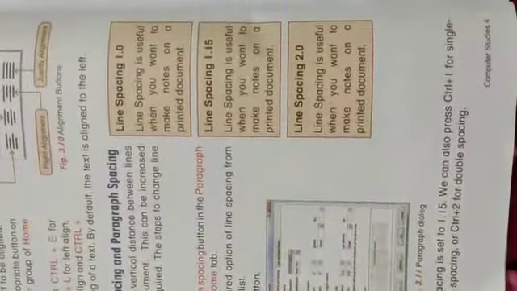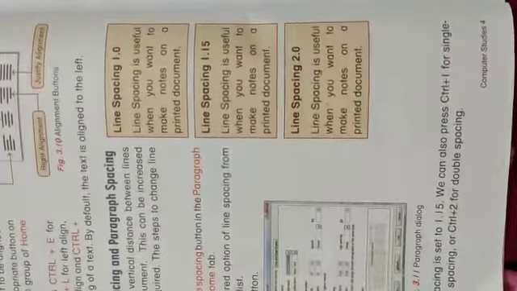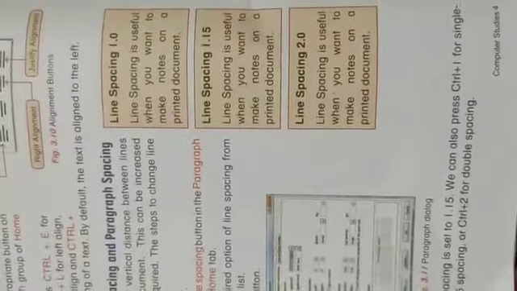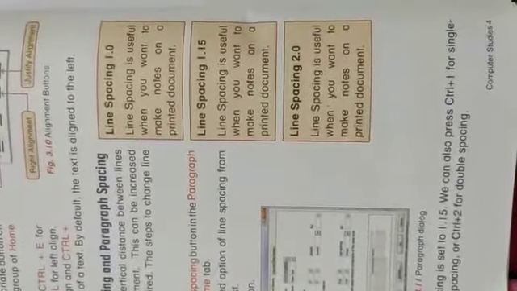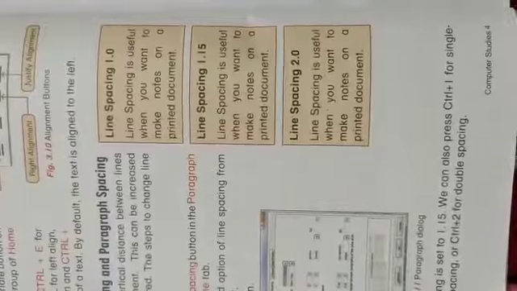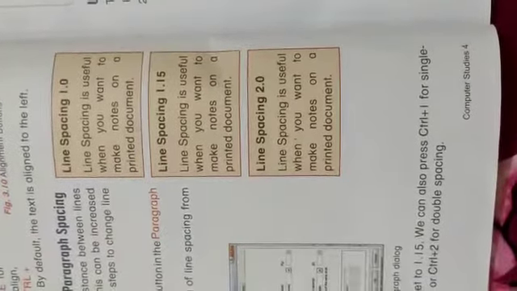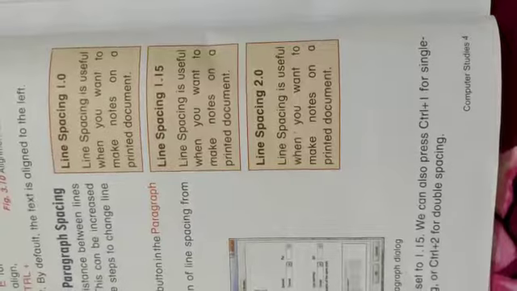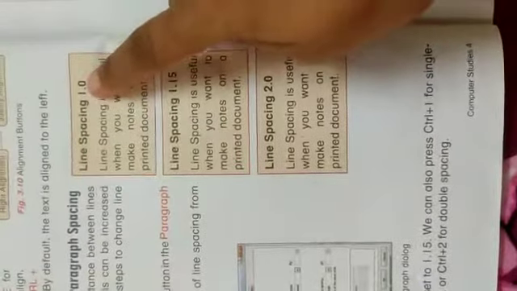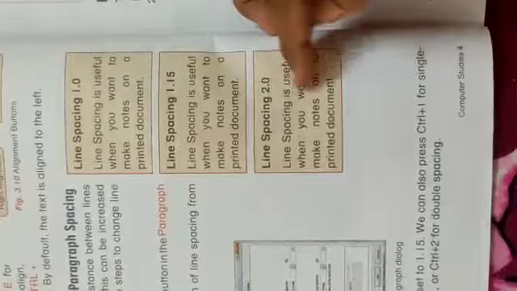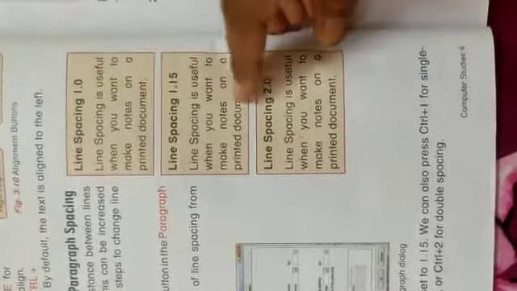Got it? Now, here a few points are given. Line spacing is useful when you want to make notes on a printed document. These are the three different types of line spacing: line spacing 2.0, line spacing 1.15 and line spacing 1.0. Why do we use it?